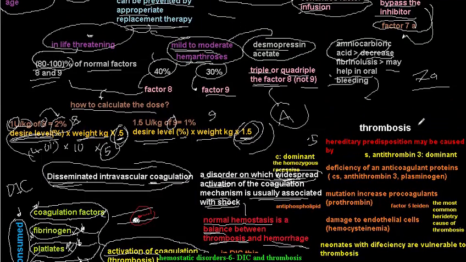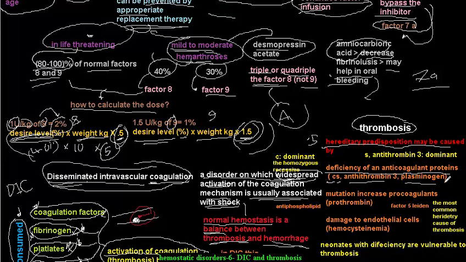Now let's move to the final topic. Finally, thrombosis. Okay, thrombosis is hereditarily predisposed, and may be caused by many conditions like deficiency in the anticoagulant proteins. It makes sense. So if I have a deficiency in the anticoagulant proteins like protein C, protein S, antithrombin 3, plasminogen, we may have thrombosis.